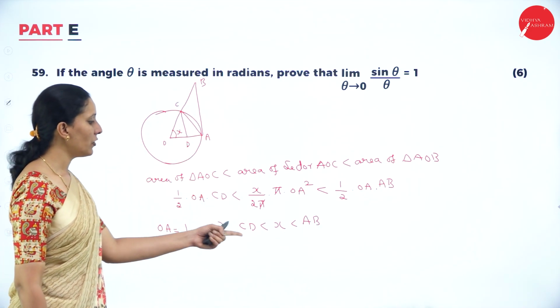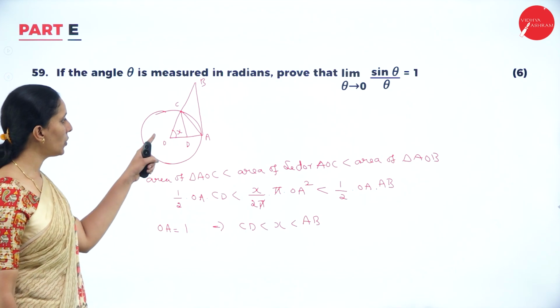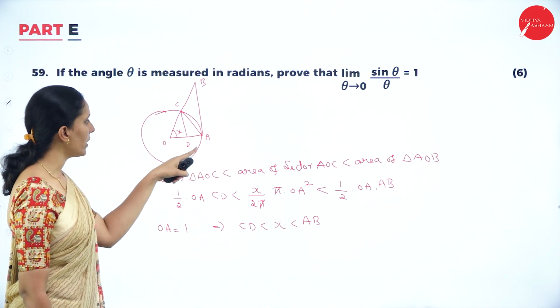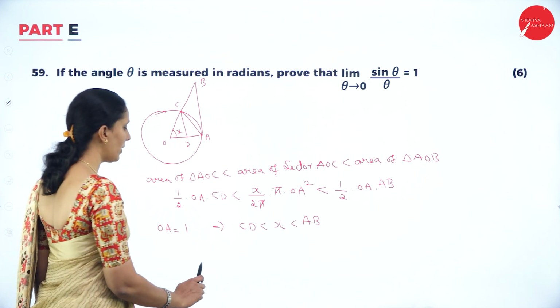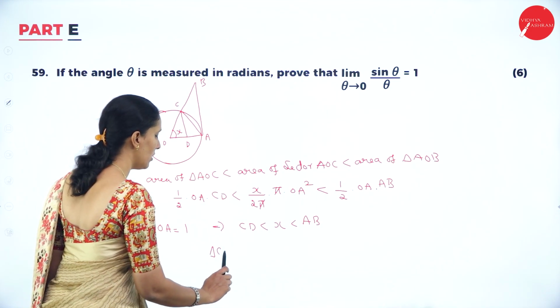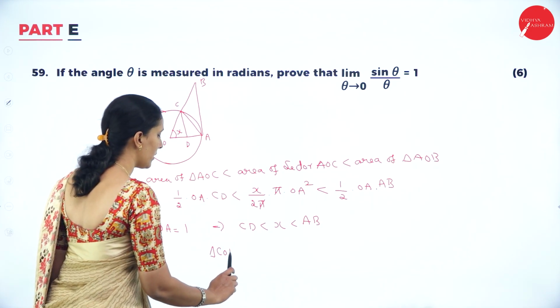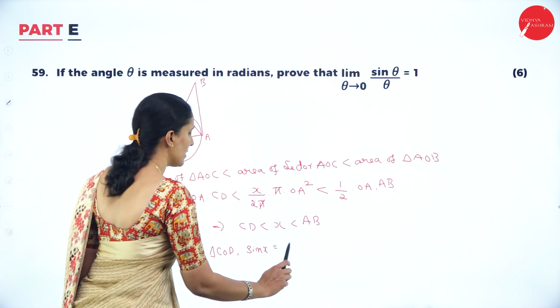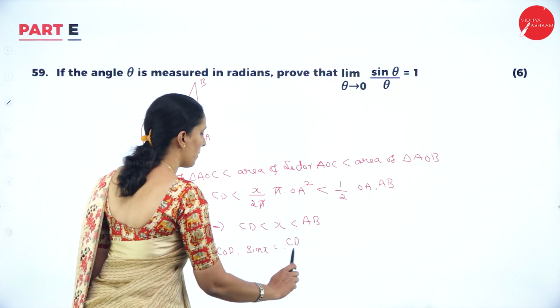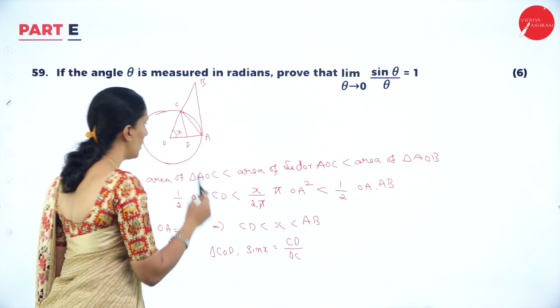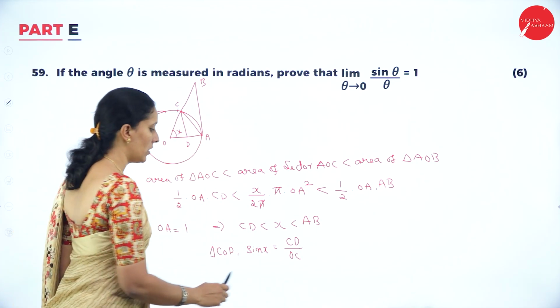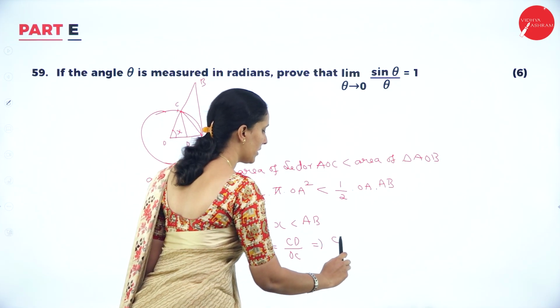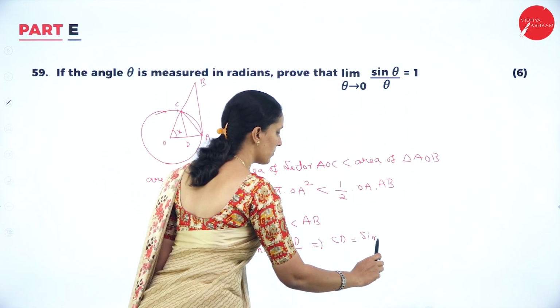Now to find the values of CD and AB, we can consider two triangles, that is COD and AOB. So from the triangle COD, we'll get sin x as CD by OC. Now OC is the radius here. So therefore we can write CD is equal to sin x.